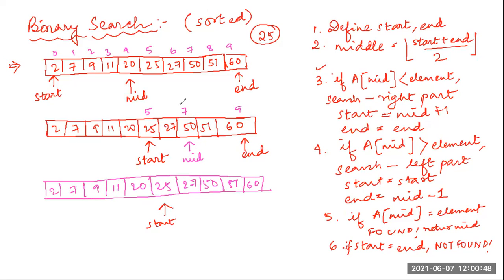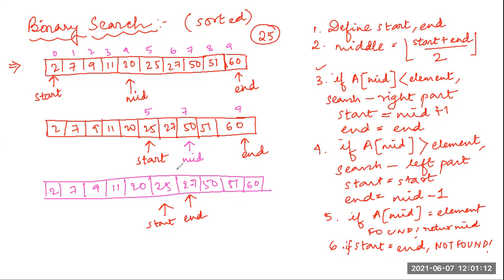Mid was earlier 7, 7 minus 1, so 6 is my end. Now 5 plus 6 means what? 5 plus 6 is 11.